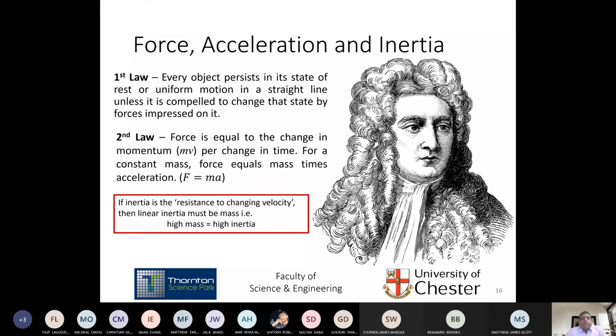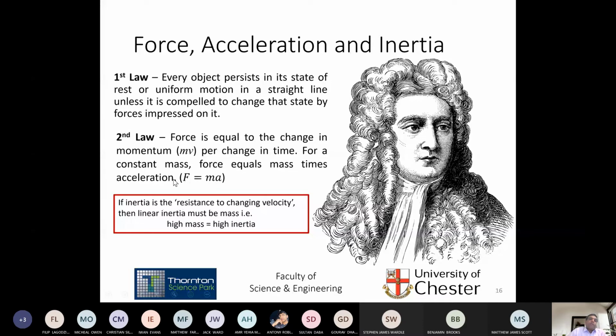Note the concept of inertia here. Inertia is nothing but how inert or how resistive the object is to changing velocity. If an object has high mass, it implies that it has high inertia.